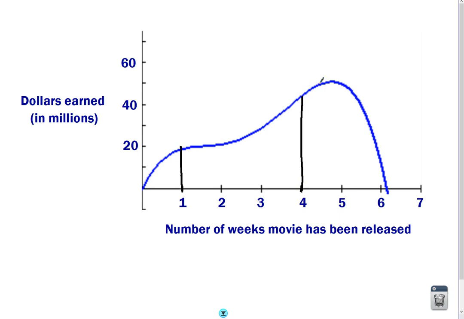Remember, this function is approximating the amount of money earned. So just on this curve, how many y values do I have from here to here? I can't even draw that. There's an infinite number of them. That's the beauty of numbers: between 1 and 2, there's an infinite number of numbers, and between 1 and 1.5, there's an infinite number of numbers.